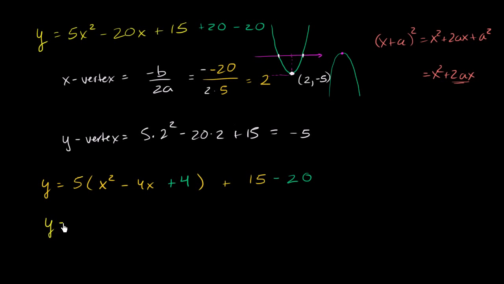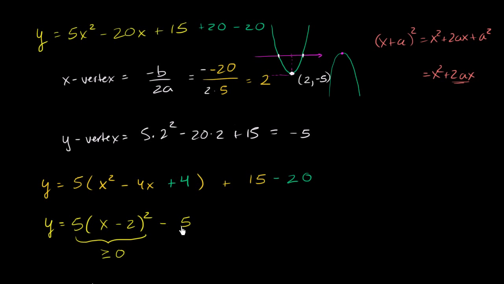The whole point of this is that now I can write this as y is equal to 5 times x minus 2 squared, and then 15 minus 20 is minus 5. So the whole point of this is now to be able to inspect this. When does this equation hit a minimum value? Well, we know that this term right over here is always going to be non-negative, or we could say it's always going to be greater than or equal to 0.